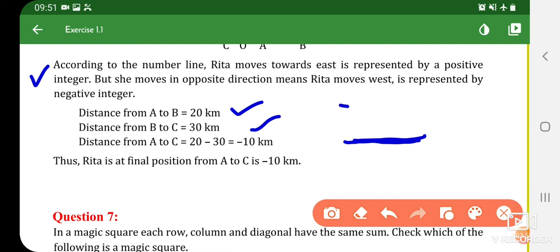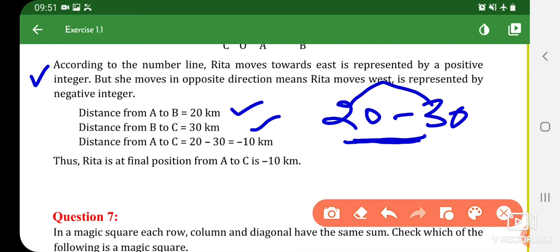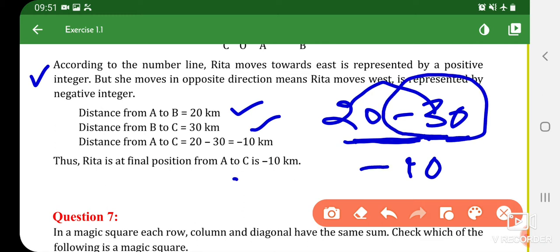So 20 minus 30. We know this is positive and this is negative. So when one is positive and the second is negative, we take the difference. 30 minus 20 is 10. And we have to put the sign according to the biggest number. So here a minus. So the answer is Rita's final position from A to C is minus 10 km.